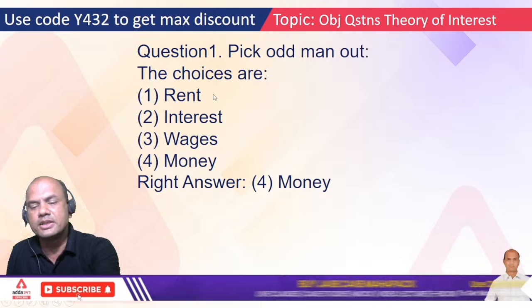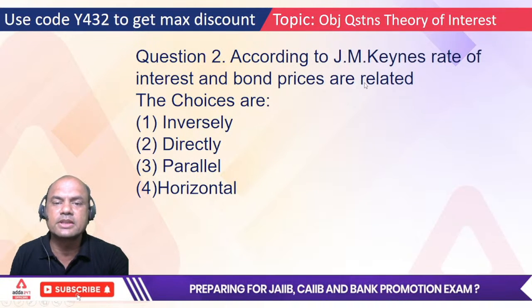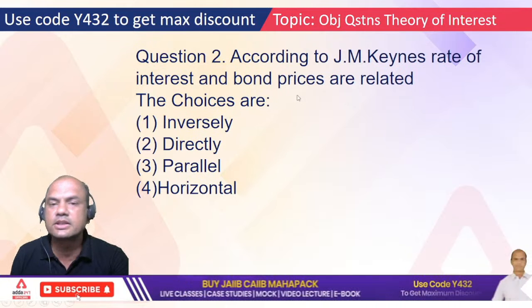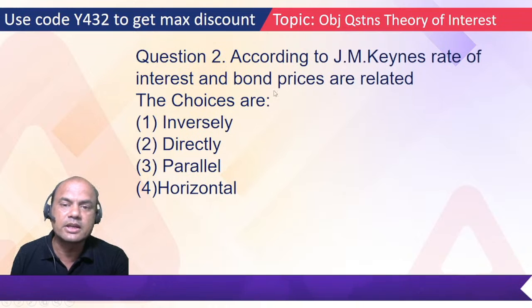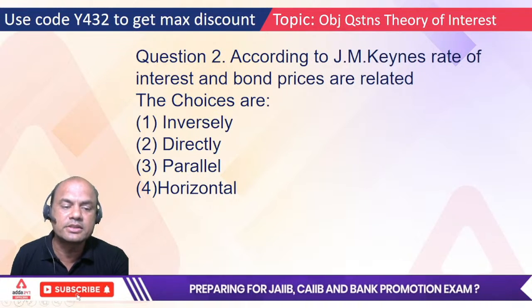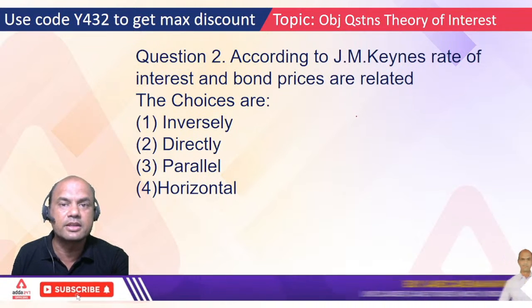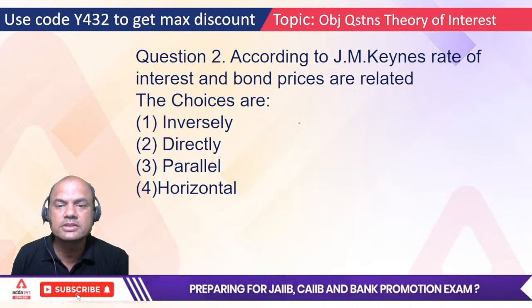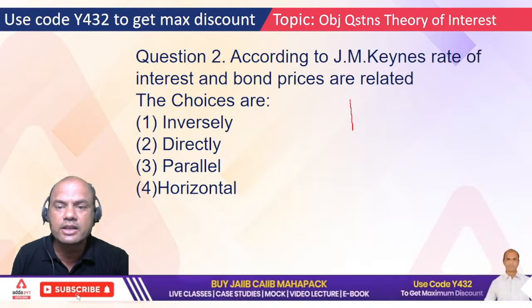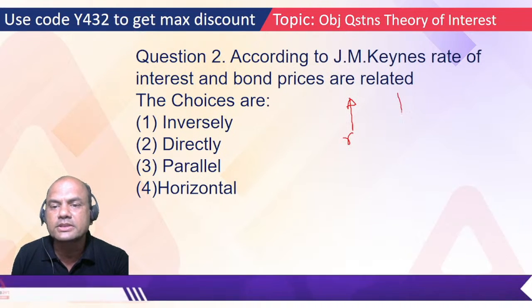According to J.M. Keynes, rate of interest and bond prices are related. See, you had studied this in JAIIB also. ROI, rate of interest, and bond prices are related always. There were 10 theorems of bond prices earlier in JAIIB. Remember this? Here the theorem is: as the rate of interest R goes up, the bond prices P go down.